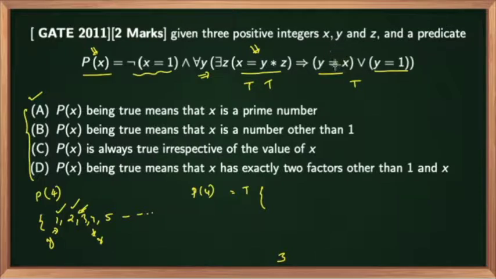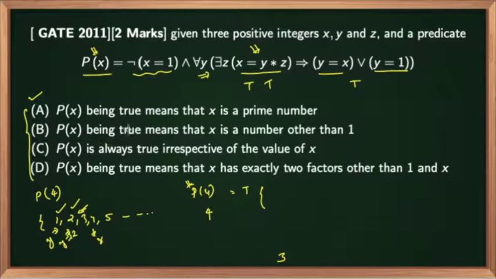No, y is not equal to x, because y is equal to 2 now and our x is equal to 4. Is y equal to 1? No, y is not equal to 1, y is equal to 2. So for P of 4, when y is equal to 2, this expression evaluates to false. That means P of 4 is evaluated as false.